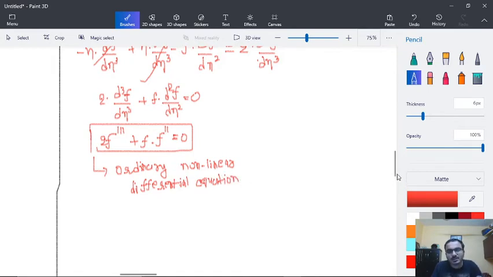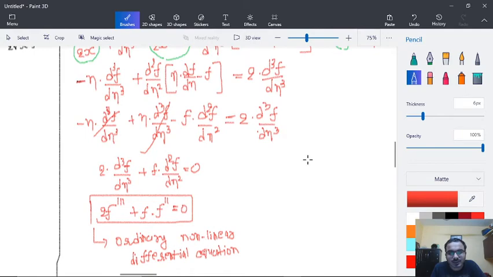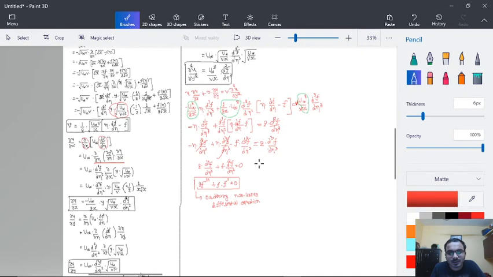Okay, and we will see the solution of this non-linear differential equation in detail.